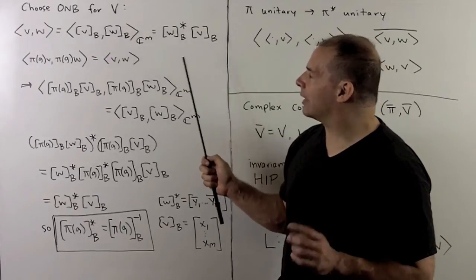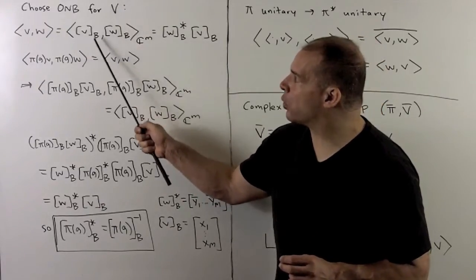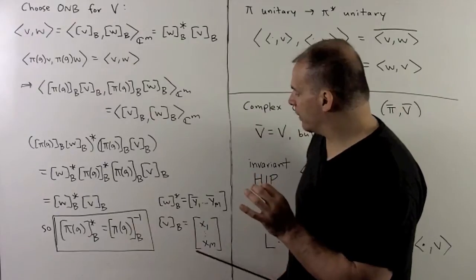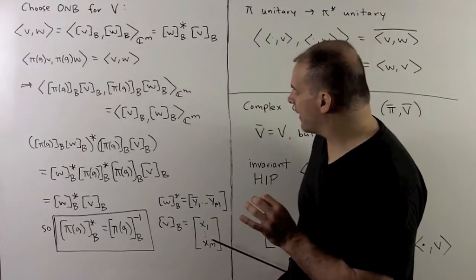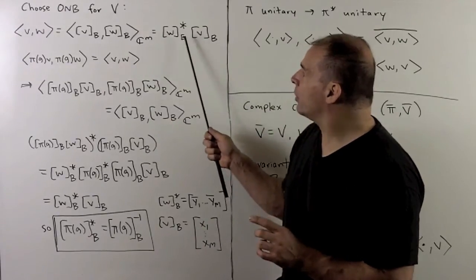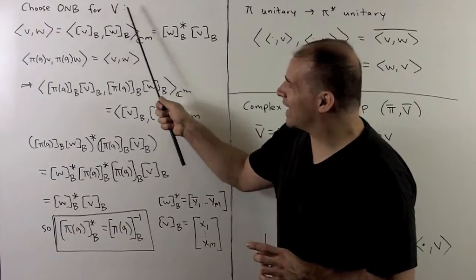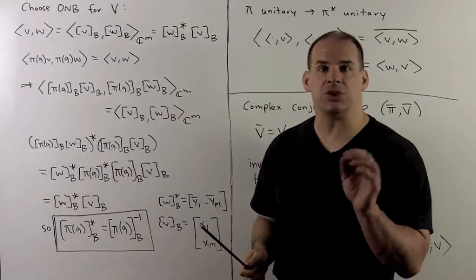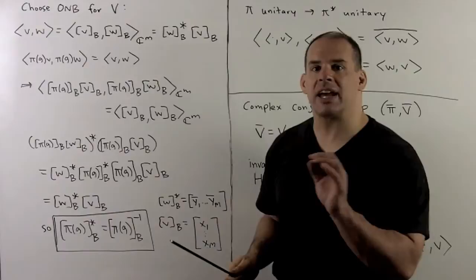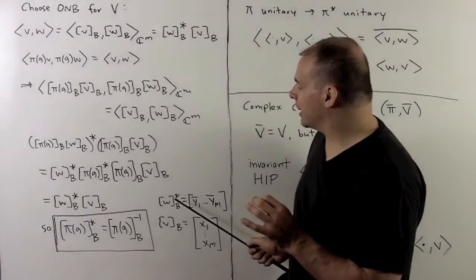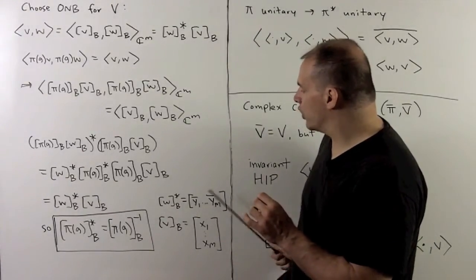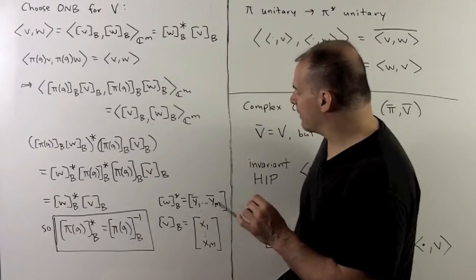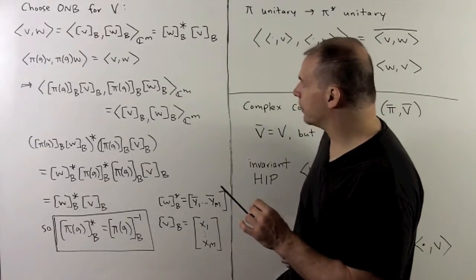I could think of vectors in the first slot as our regular column vectors in Cm, and for vectors in the second slot, we're thinking of these as dual vectors. Since we're taking the conjugate transpose, think of these as row vectors with a conjugate. So that's how I think of our dual vectors.